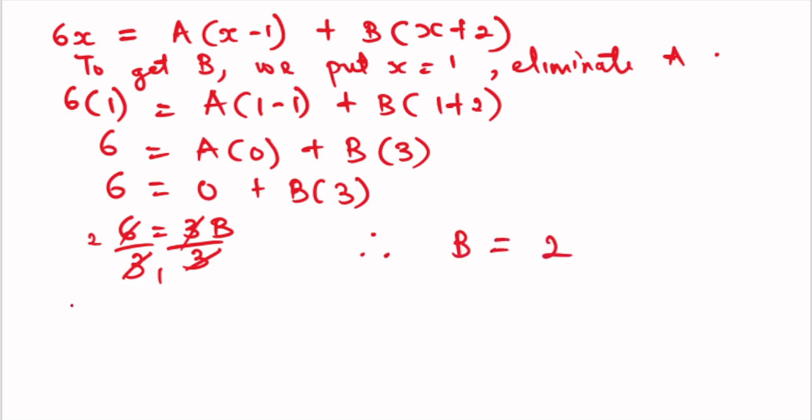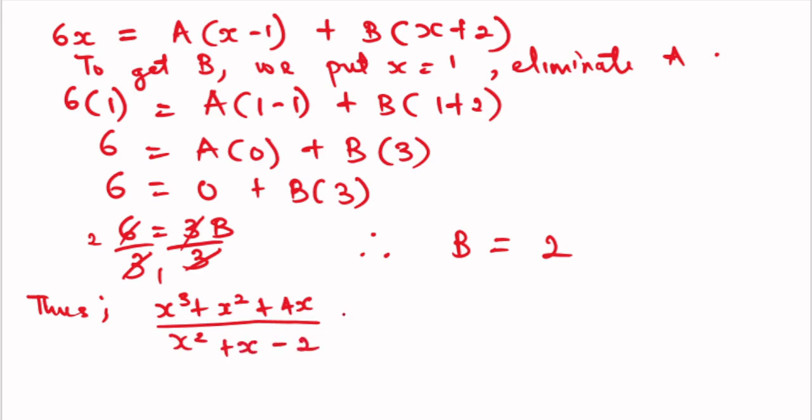So now we'll bring back our question in its original form so that we can sum up our answers. Thus, in its original form, we have (x cubed + x squared + 4x) all over (x squared + x - 2), which after that we got the quotient x plus A all over x + 2 plus B all over x - 1.